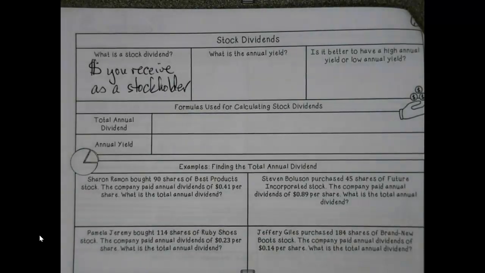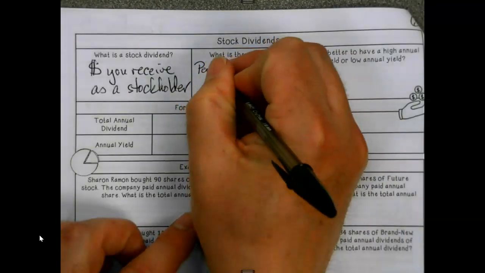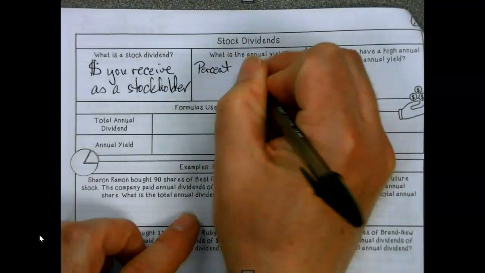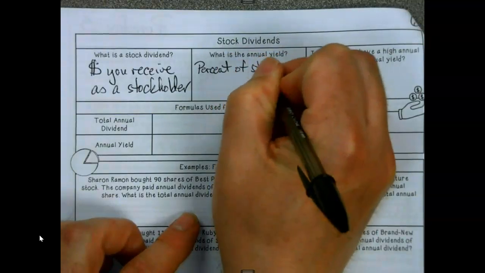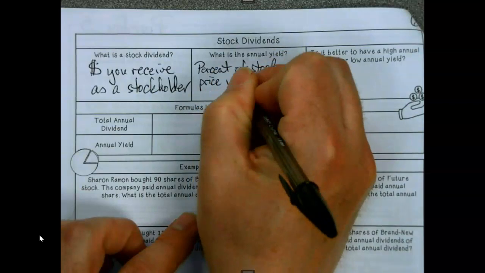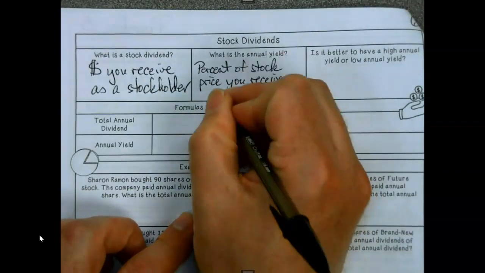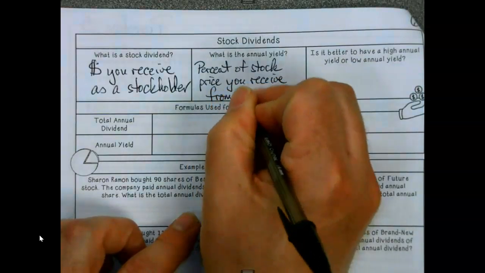So that dividend is called, technical term here, an annual yield, which is the percent of the stock price you receive from your dividend.